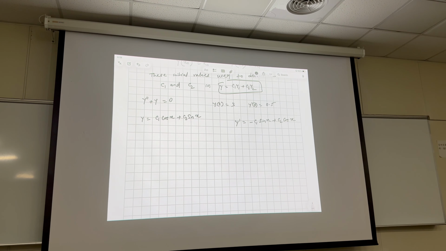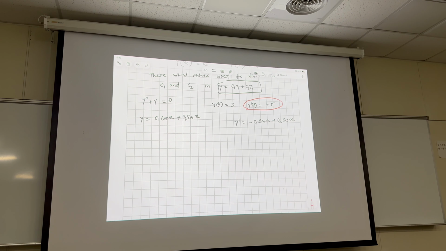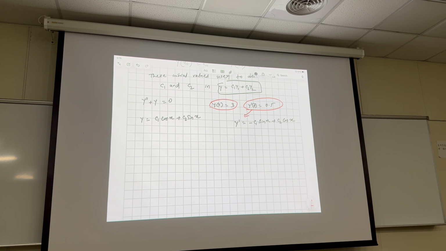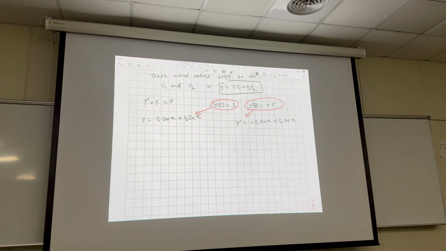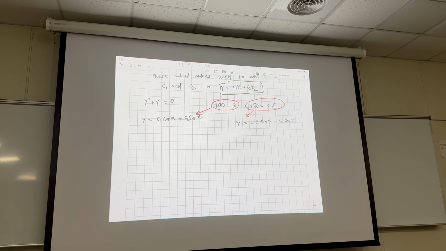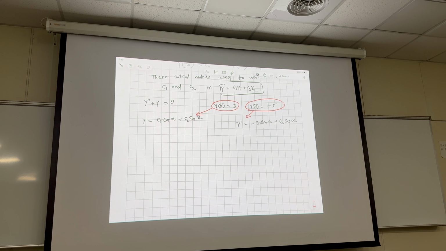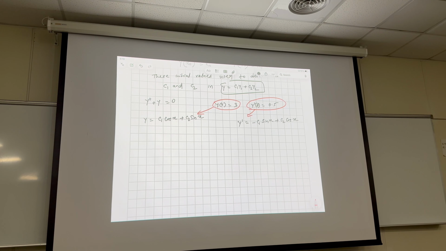So what you need to do? You need to put this one here and this one here. When you put these values, it will help you to find out what is C1 and what is C2. And finally putting those values, you can have your final particular solution.